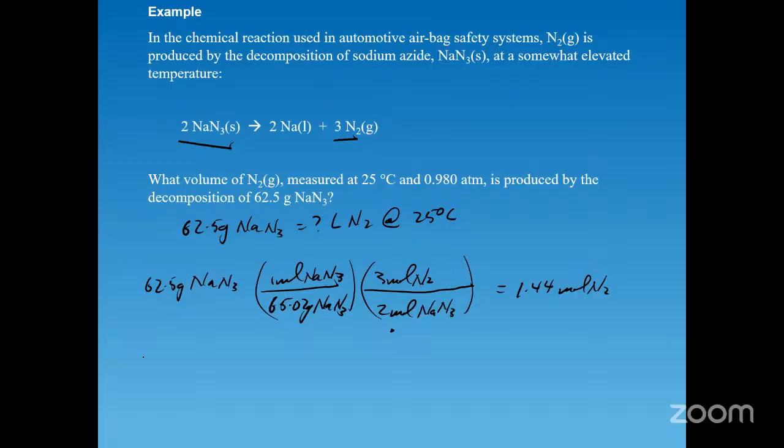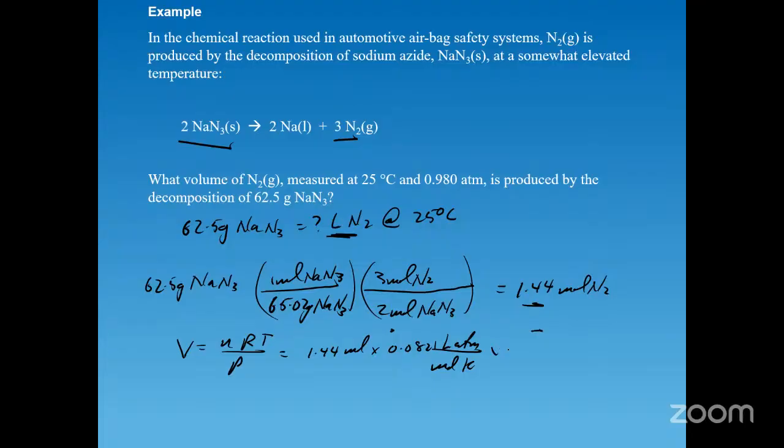So once we do that, now remember, the question is not asking for the moles of nitrogen, the question is asking for the volume in liters, right? So basically what I'll be doing next is using the ideal gas equation to solve for the volume. So V will be equal to nRT over P. n is what we just calculated here, which is the 1.44 moles times 0.0821 liters atmospheres over mole Kelvin.